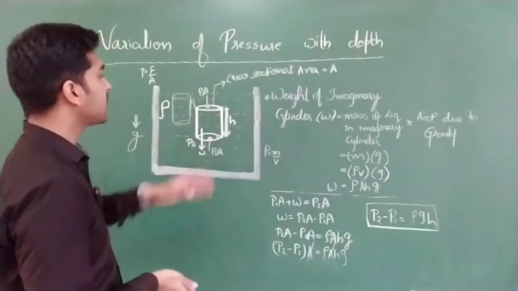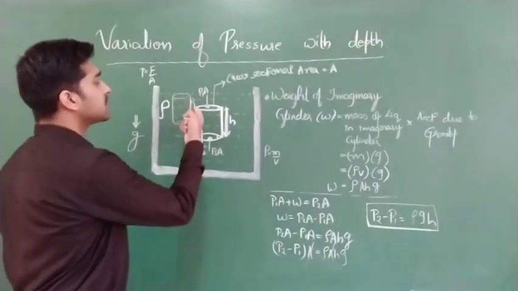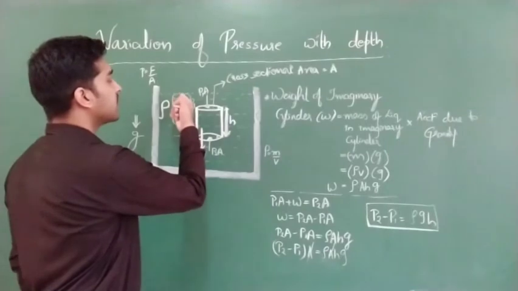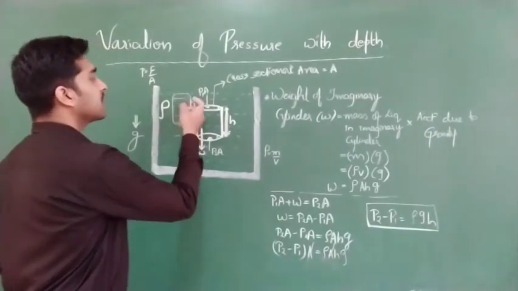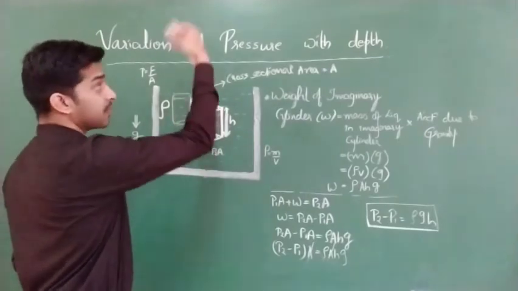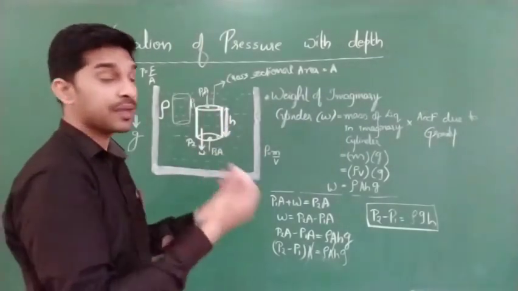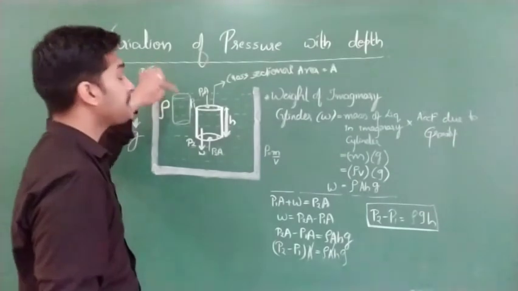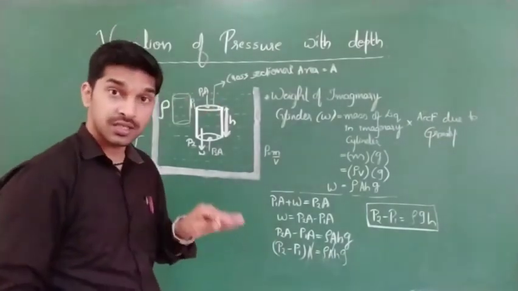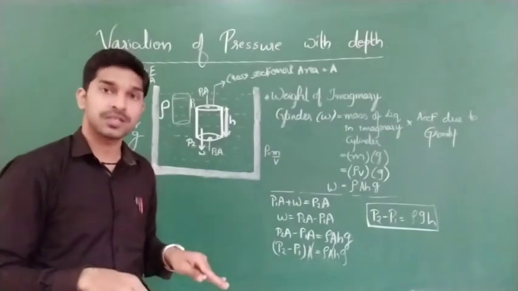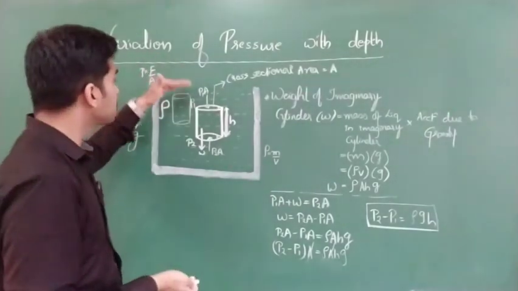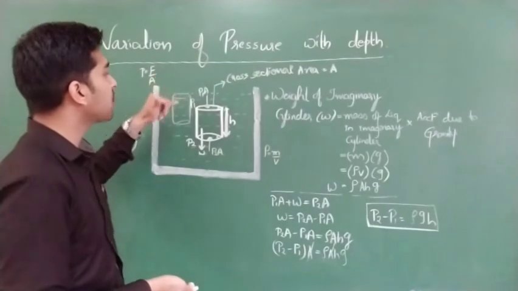Initially pressure P1 was there here, and initially pressure P2 was there here. If it is kept open to the atmosphere, the atmosphere will also exert some pressure. So that atmospheric pressure will act at this topmost point.